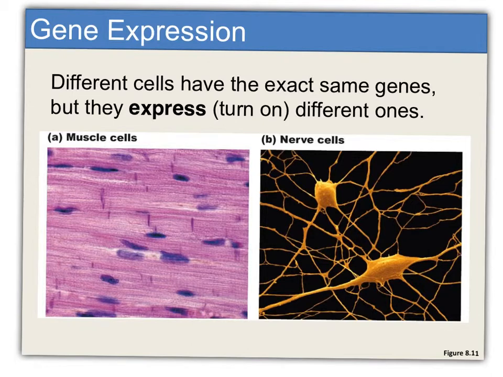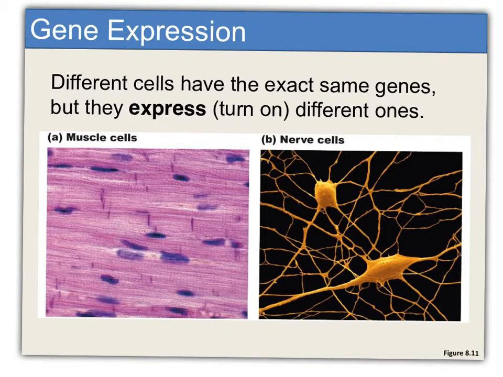Now, one of the things that gene expression does is it uses genes to differentiate cells. Now remember, each cell has a complete complement of the whole genome. All 23 homologous chromosomes. So it's not like one cell only has a few of them. They all have the same thing.